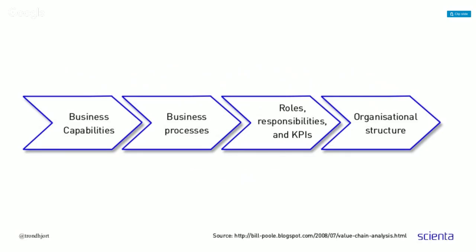So organization structure is a lot less stable than the business capabilities are. The further to the right you get, the more change you can do as you work. Is this his tool? No, this is just him trying to explain why capabilities are more stable than the other ones.